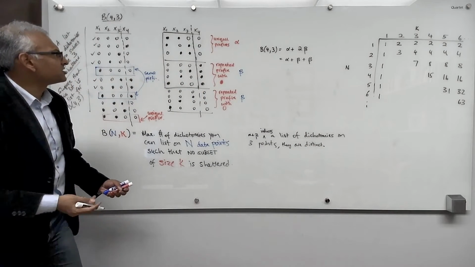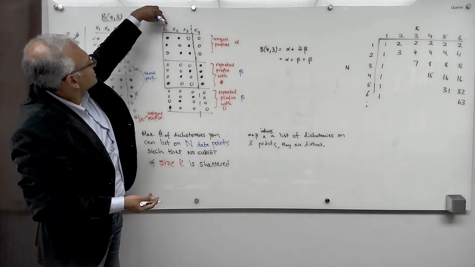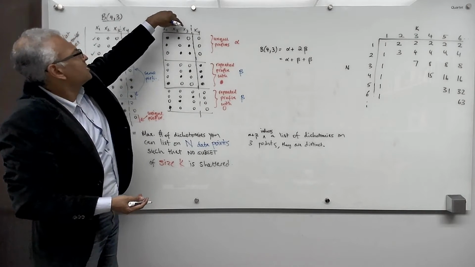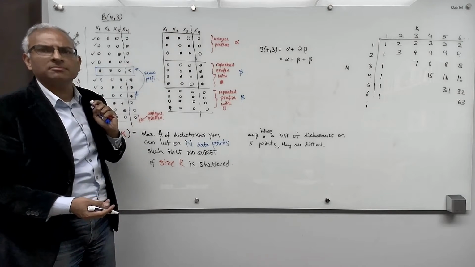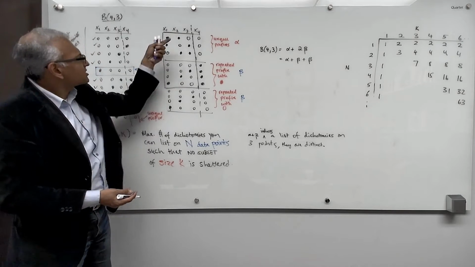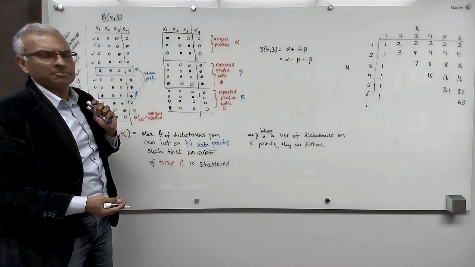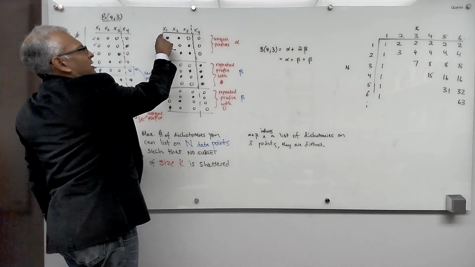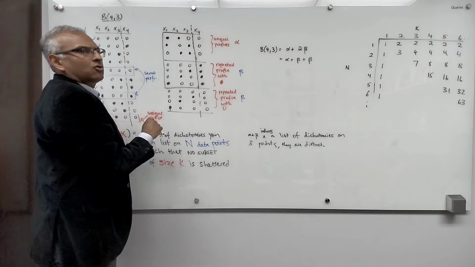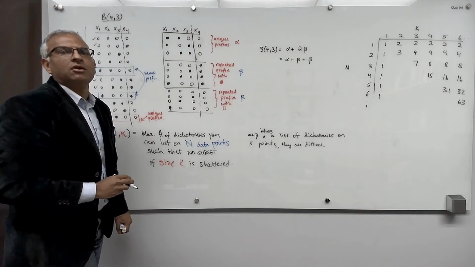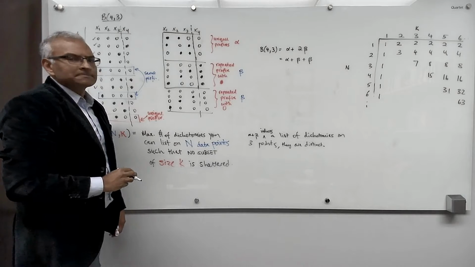The second observation is that in this set of 3 points, there cannot be a subset of size 3 that's shattered by those dichotomies. Because if there were a subset of size 3 shattered by those dichotomies, then the extended dichotomies on the subset of 4 would shatter that same subset of size 3.